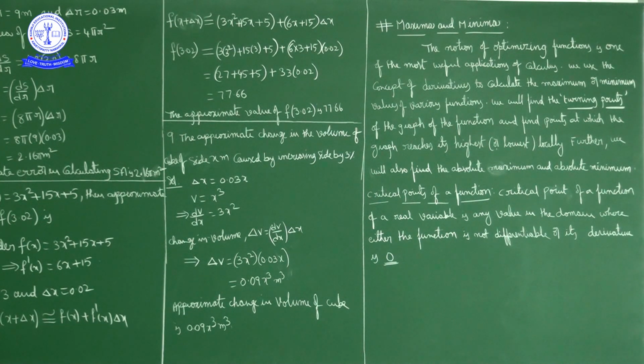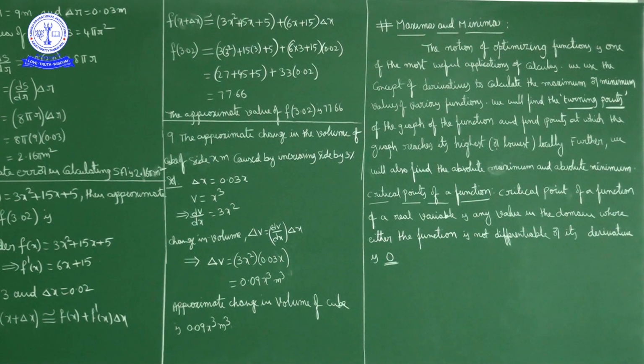Next, what is a critical point of a function? A critical point of a function of a real variable is any value in the domain where either the function is not differentiable or its derivative is 0.